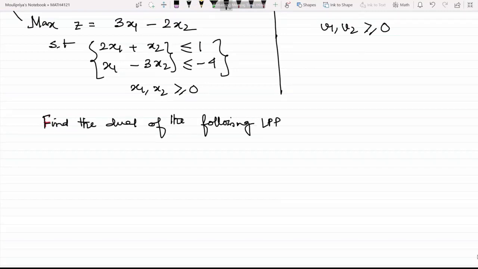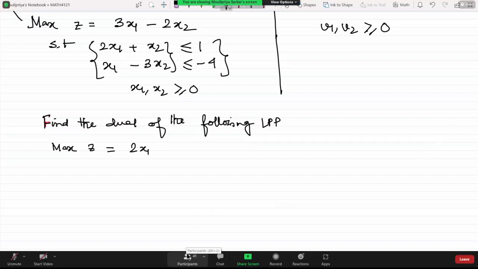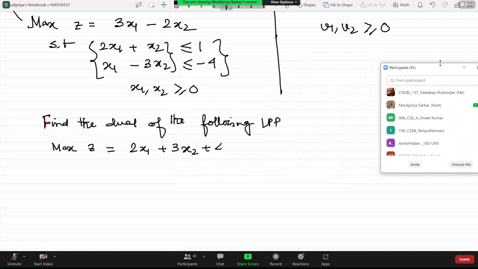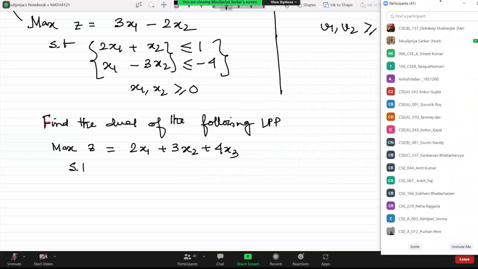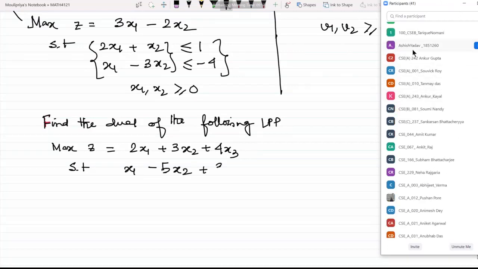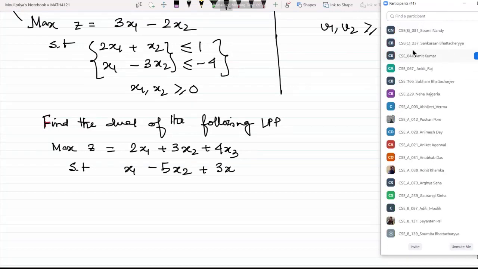The problem is maximize Z equal to 2x1 plus 3x2 plus 4x3 subject to x1 minus 5x2 plus 3x3 equal to 7.